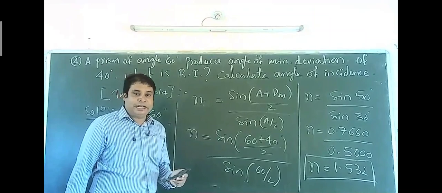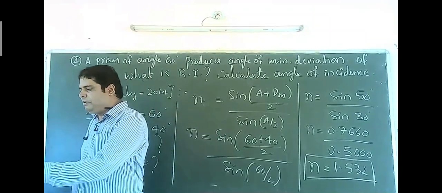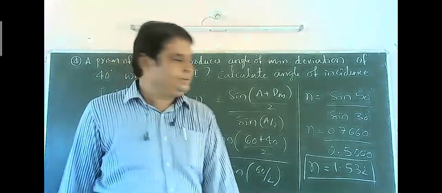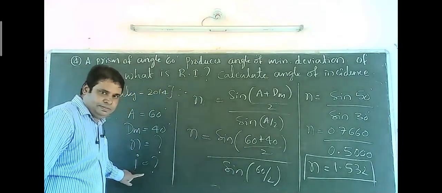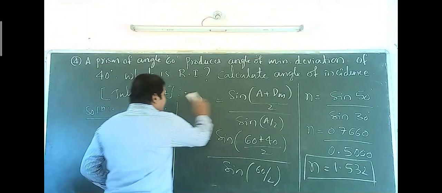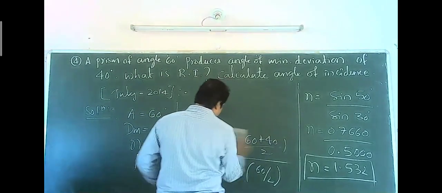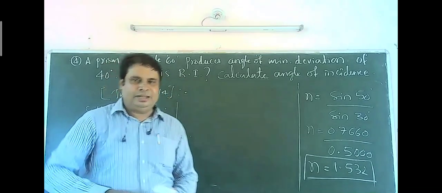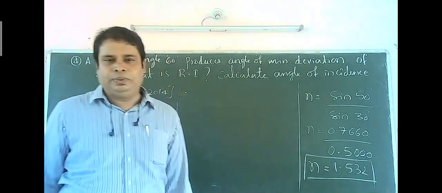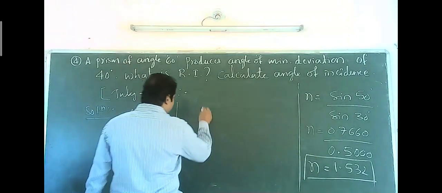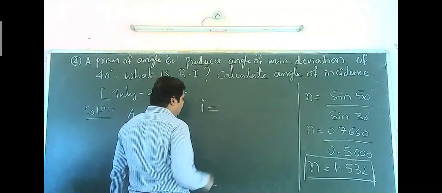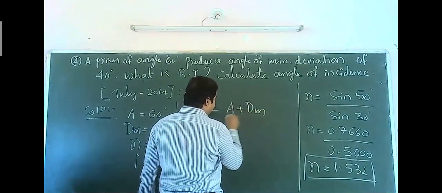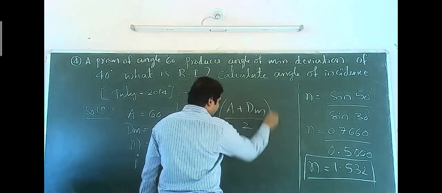This is the first part. In the second part, what will we calculate? In the second part, we will calculate the angle of incidence. While deriving this relation, n is equal to sin of (A plus delta m) divided by 2, we came across this formula: i is equal to (A plus delta m) divided by 2.